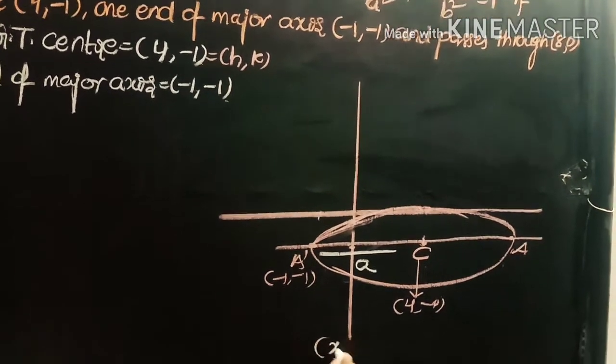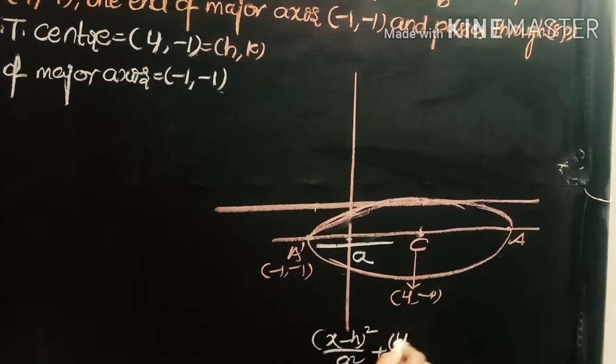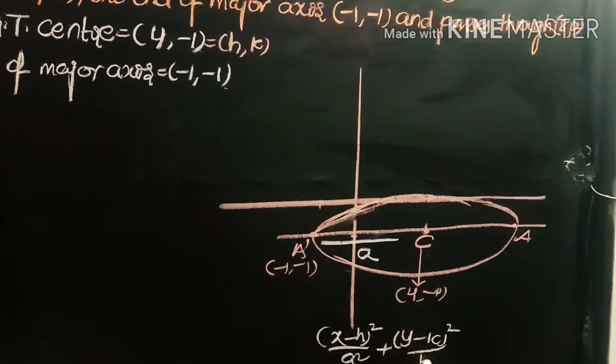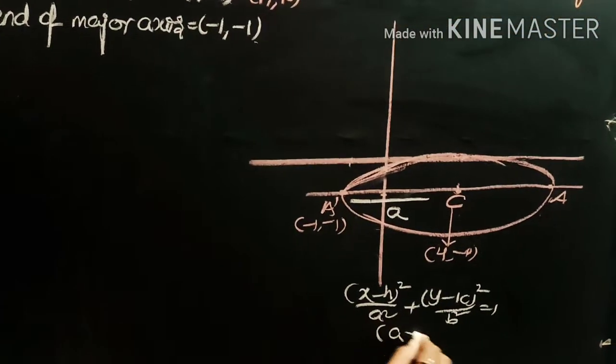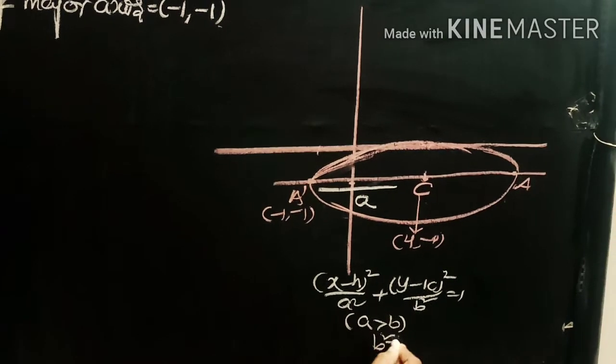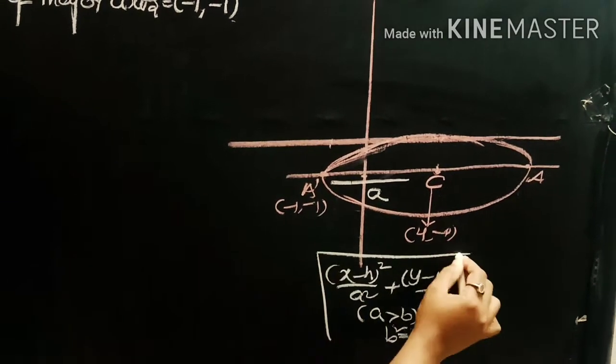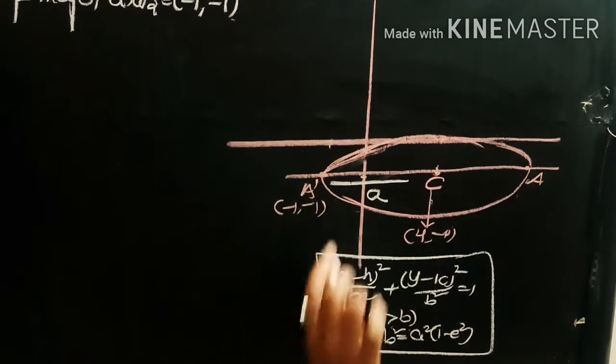So here we take the equation of the ellipse as (x minus h) whole square by a square plus (y minus k) whole square by b square is equal to 1, where a is greater than b. This is the first case, a greater than b, and in this case we use the formula b square is equal to a square into (1 minus e square). Now these are all the formulas related to this shape.